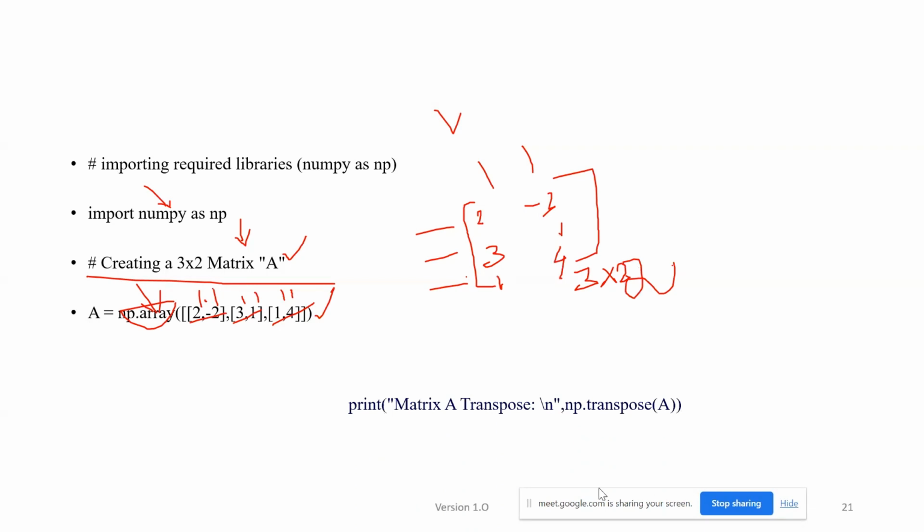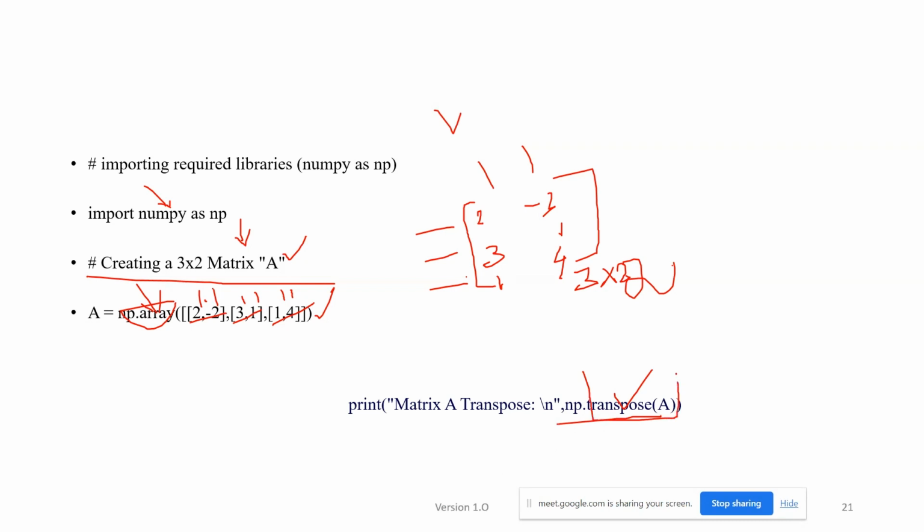Now, transpose. Like the reshape function is used for vectors, changing the shape of the vector from row vector to column vector to row vector, which is nothing but a transpose. But for matrices, we have a transpose function.